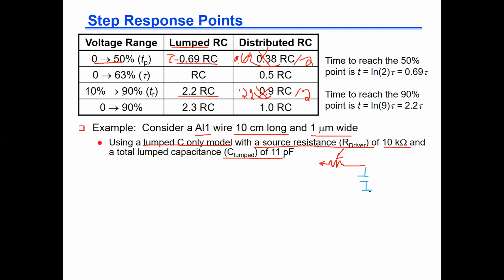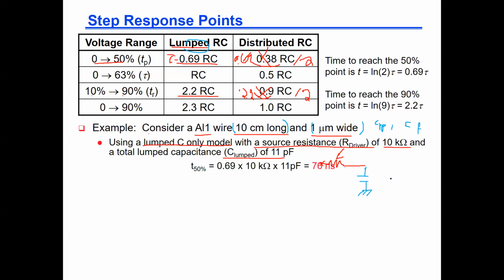So what we do, we have already derived in previous sets of slides that if I know the length and the width, I can find CPP and I can find C fringing for this wire, assuming there is no interwire. I plug the total here and I find the time constant based on the lumped RC because I have 1 C from the wire and 1 R from the driver.